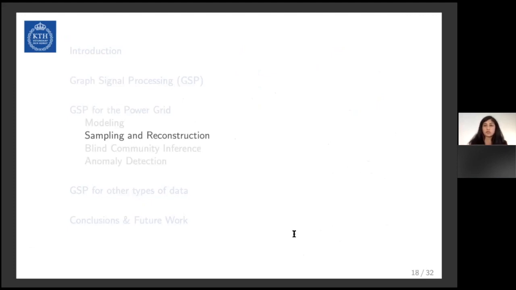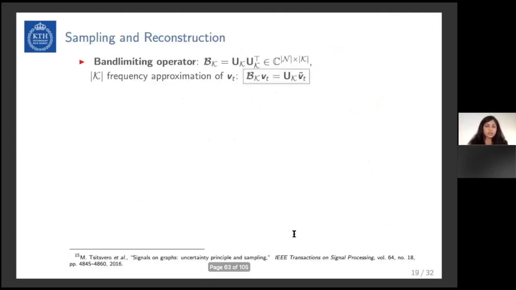Next, let's move on to sampling and reconstruction. So now this particular theory is all from graph signal processing, not specific to the power grid.